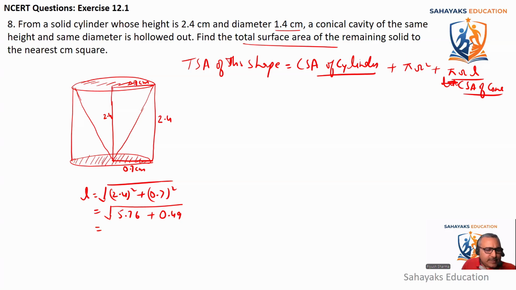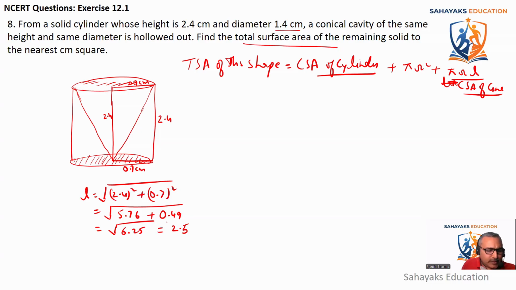Let's find out what L comes out to be. It comes out to be the square root of 6.25, and the square root is 2.5.